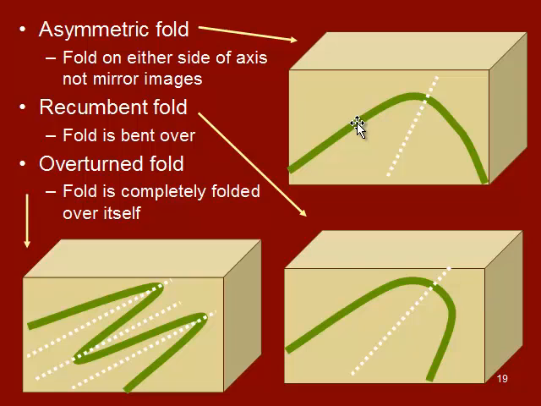Our limbs, the sides of the fold on either side of this axis, are not mirror images of one another, so it's not going to be symmetric. In a recumbent fold, the fold is actually bent over, and we see that it is kind of on top of itself a little bit. And then in overturned, we've got them totally squished. We have multiple folds that are one on top of another in the cross-sectional view.